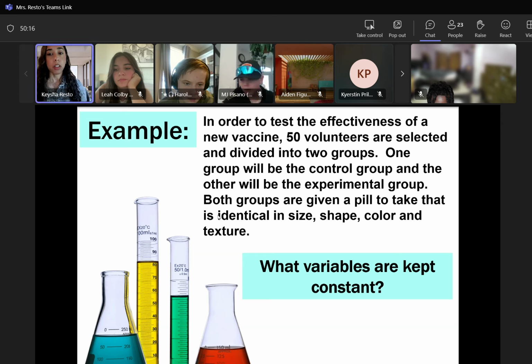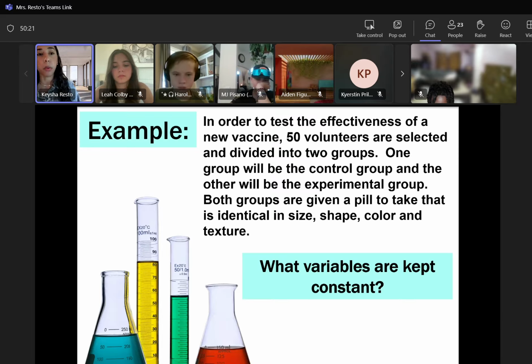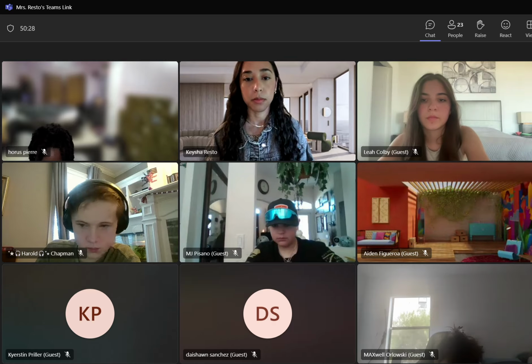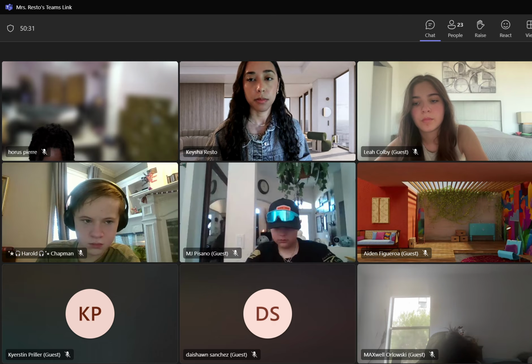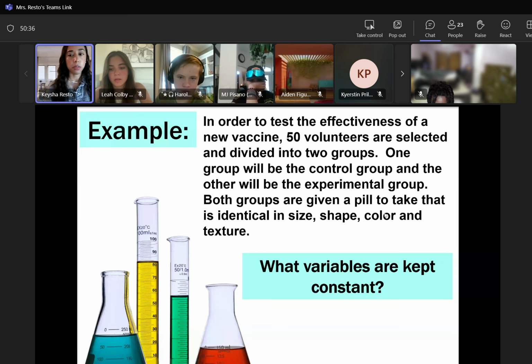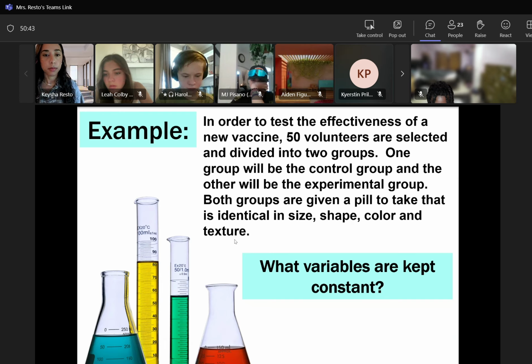What variables are kept constant here? Remember, you have the statement here, the example. What variables remain constant? Take some time to look at this.